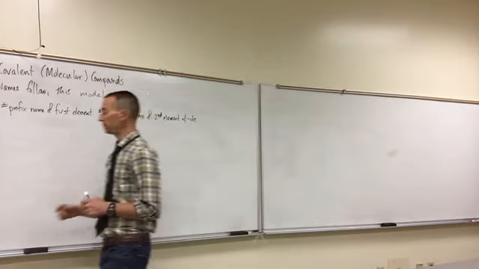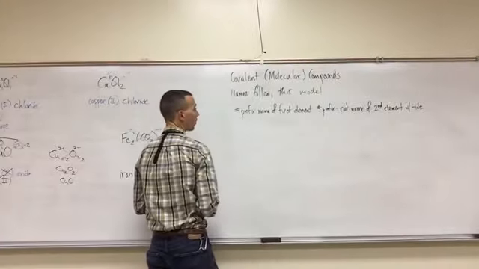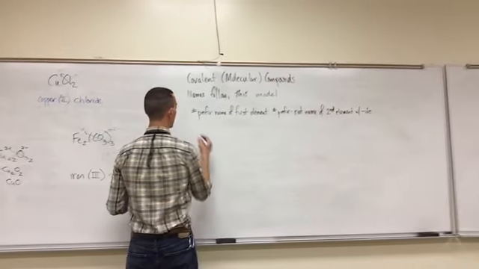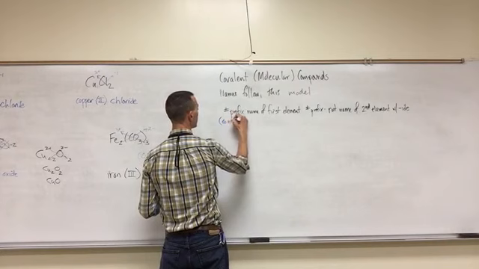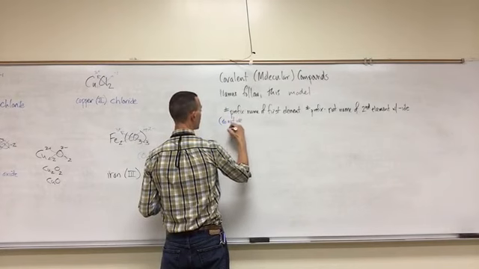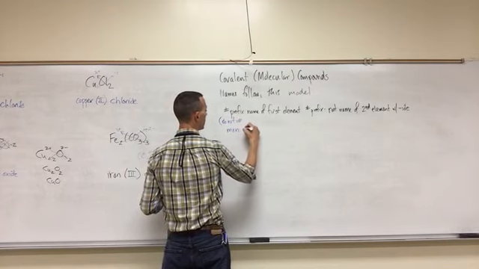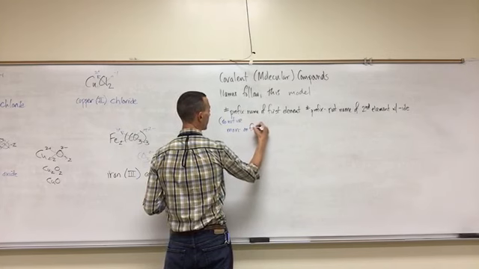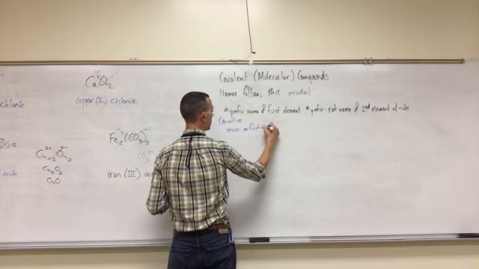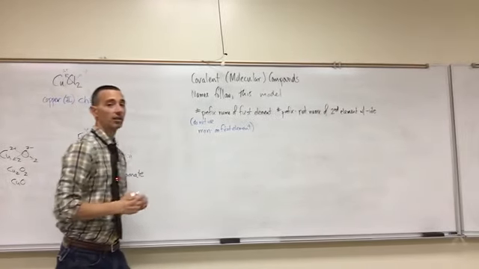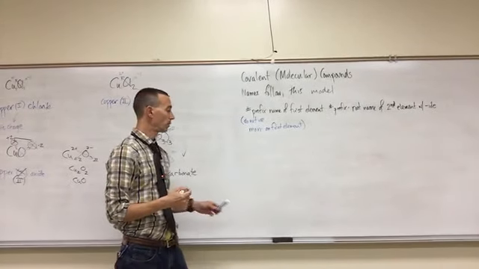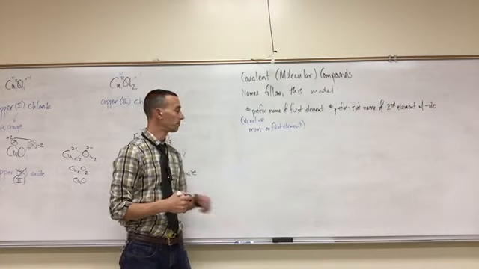There is one exception to this that I'll list the prefixes that we need in a second. We do not use the prefix mono on the first element. So if the first element has only one atom, we would not use this prefix mono.